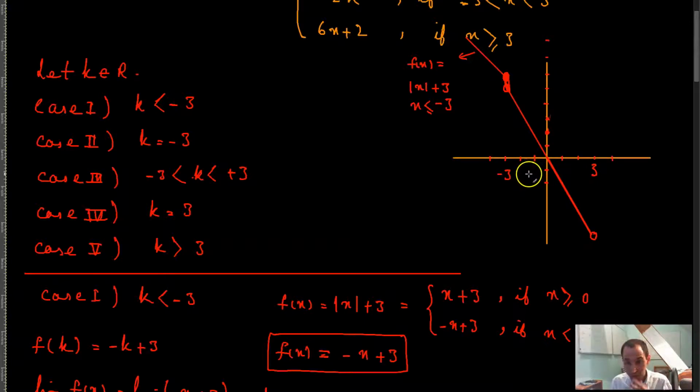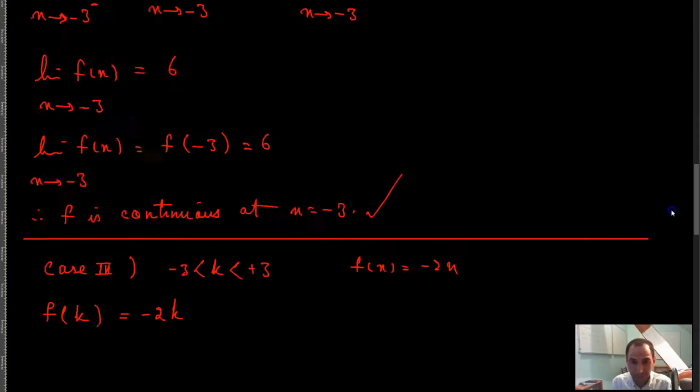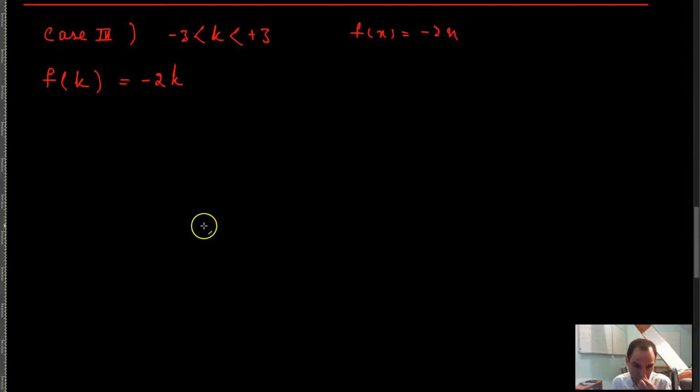Now as you can see, there is something interesting here, and a question might arise in your mind: what happens at the two ends of this interval when you want to take the limit? Suppose that I don't care about the outputs of the function, but here is 0, here is -3, and here is +3.